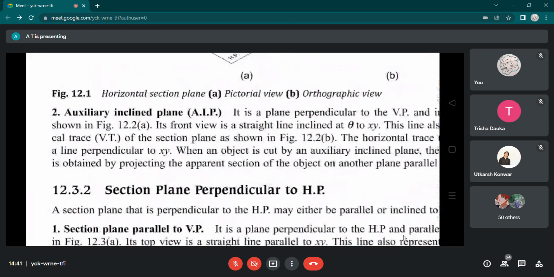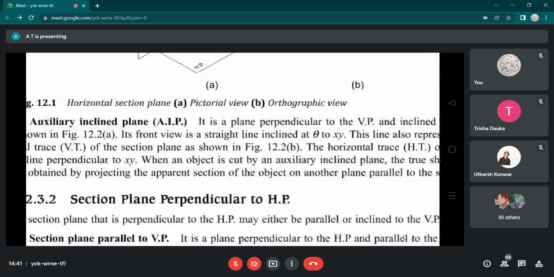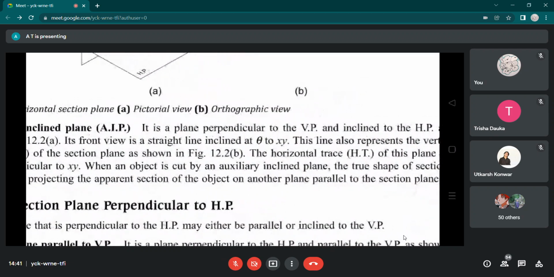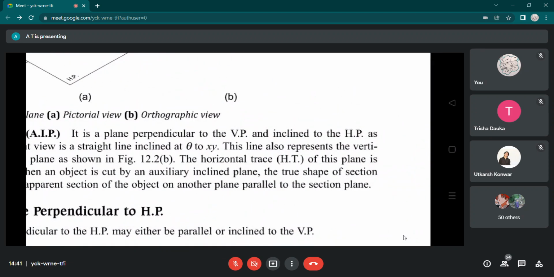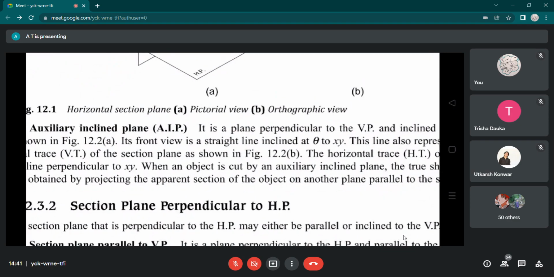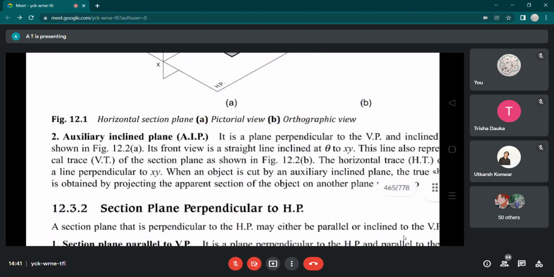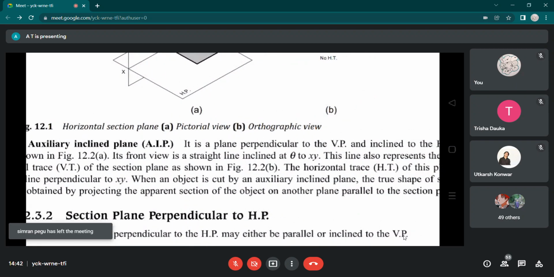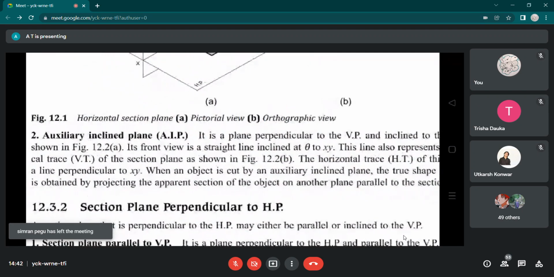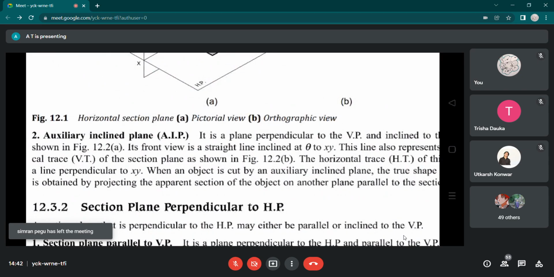And this line, you can see here it is written, also represents the vertical trace of the section plane as shown in figure. The horizontal trace of this plane is a line perpendicular to XY.